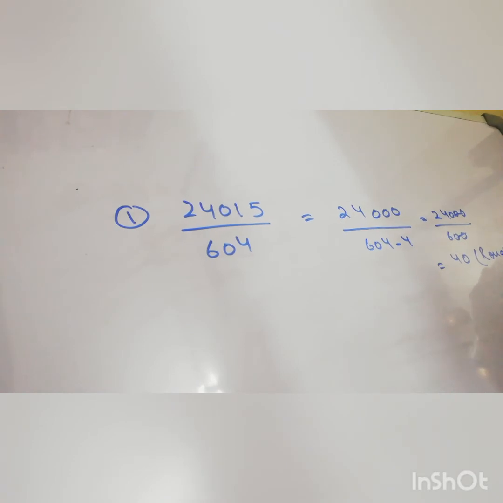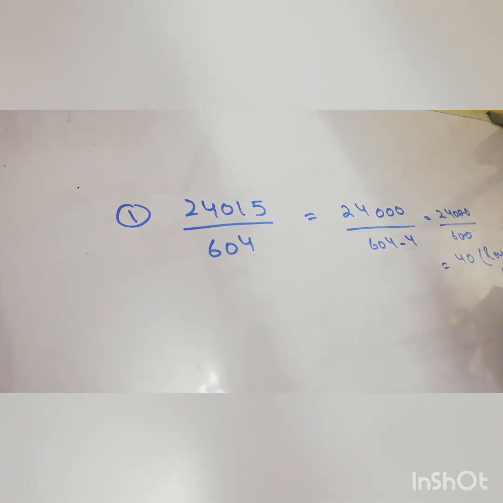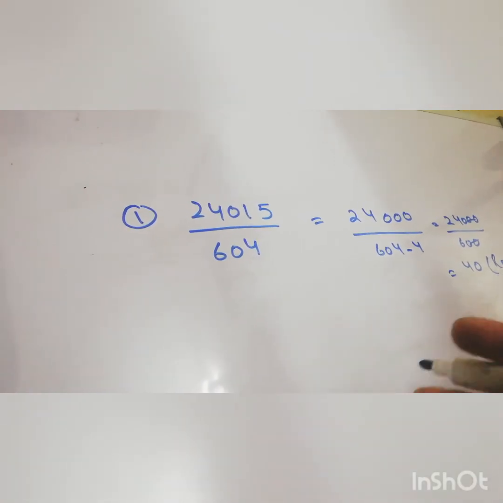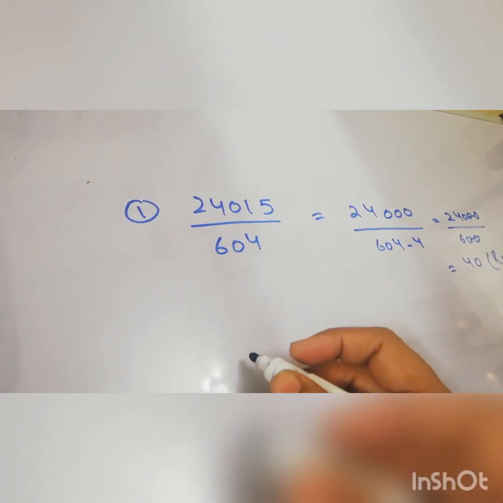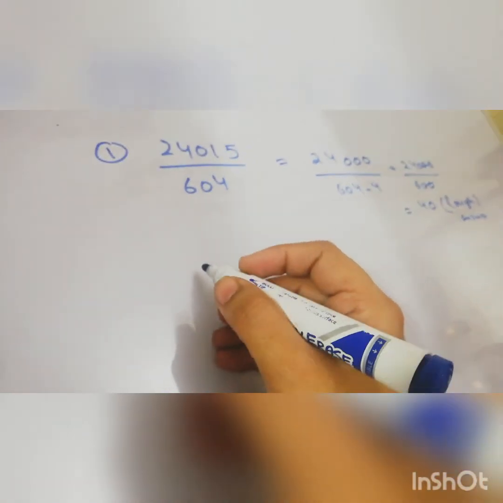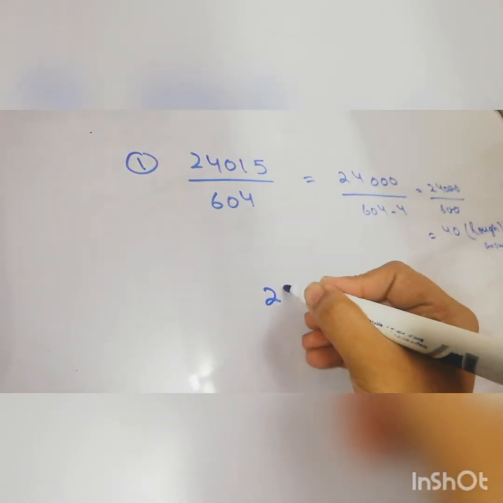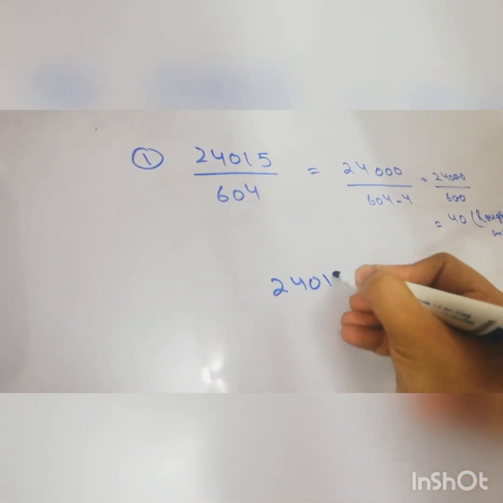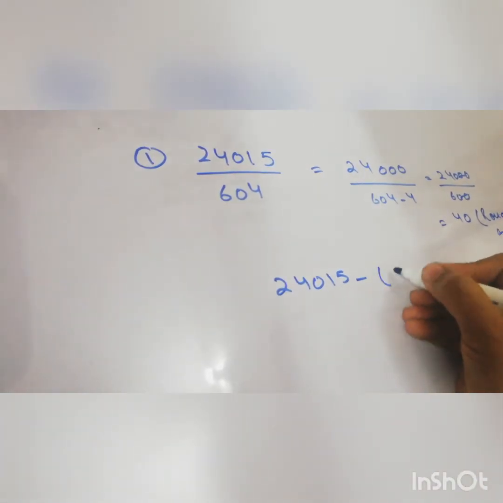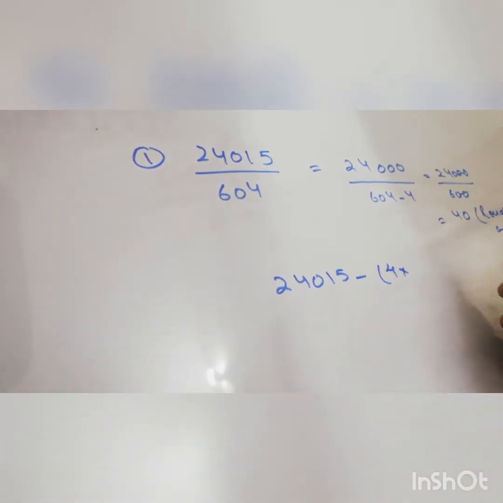So in my next step, since I subtracted 4 from 604, I will subtract the multiple of my reduced number and my rough answer from 24015.